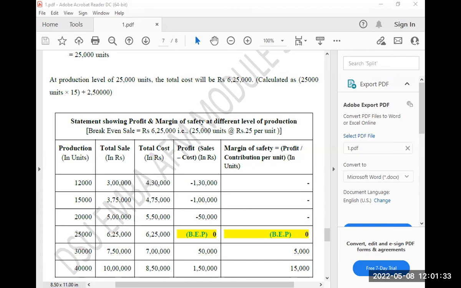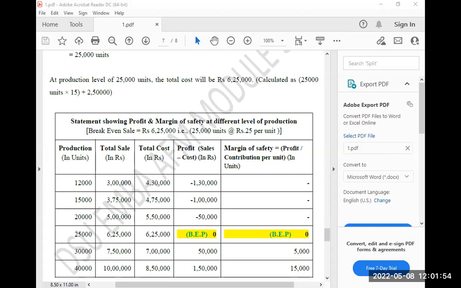Variable cost per unit is rupees 15. Fixed cost is rupees 6,30,000. Only these 3 data are given to us. With these, we have to find the sales needed to earn a profit of 10% on sales.